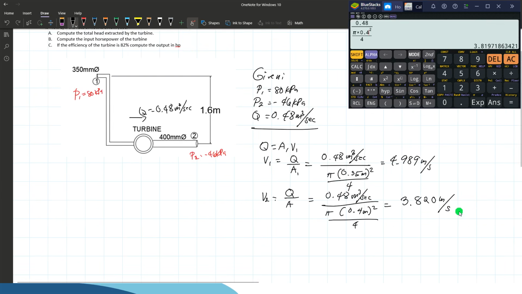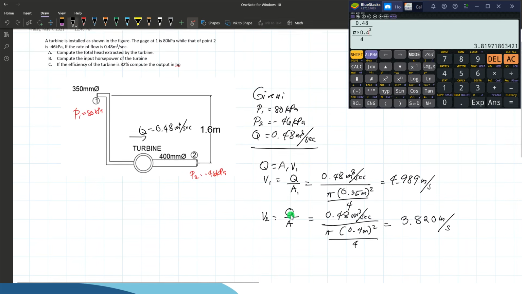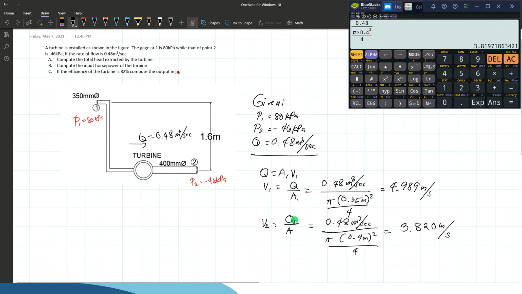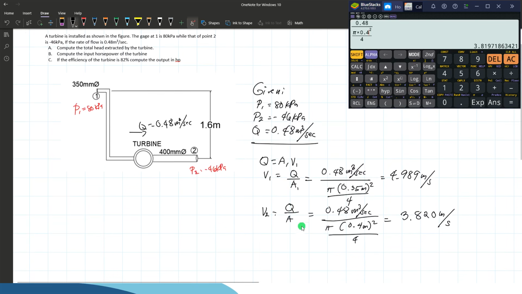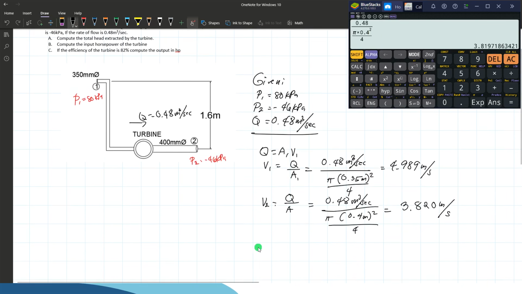Now we will make an equation using Bernoulli's equation. There's no given head loss, so let's make an equation: velocity head plus pressure head plus elevation head.